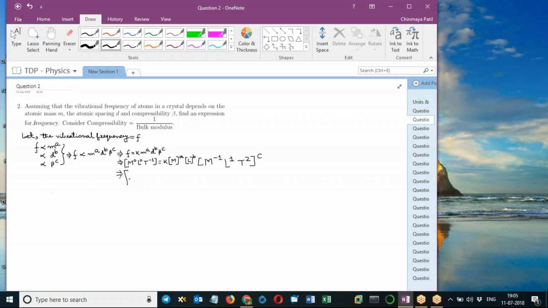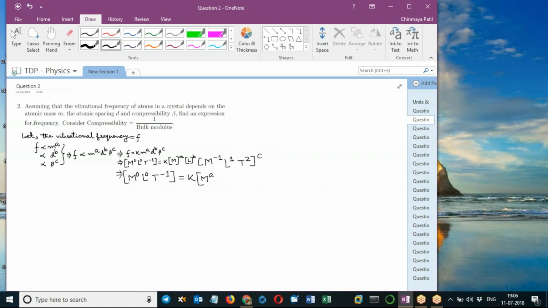In the left hand side, it is coming something like this: m power 0, L power 0, t power minus 1 is equal to k into, if you see m power, it will become a minus c, a minus 1.